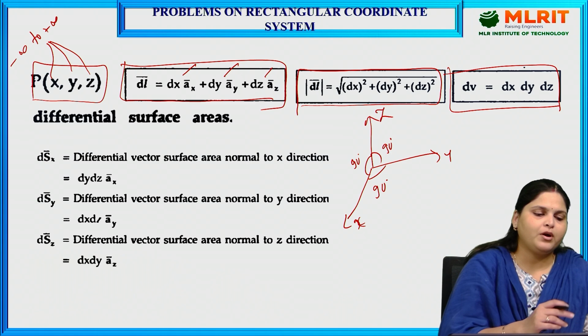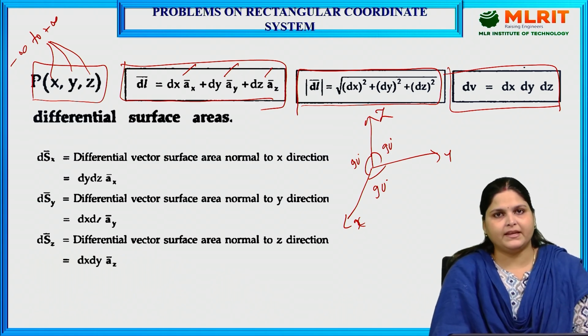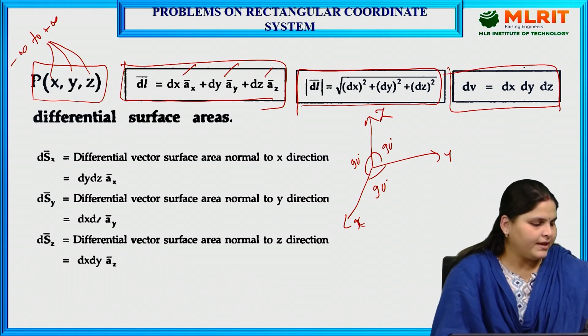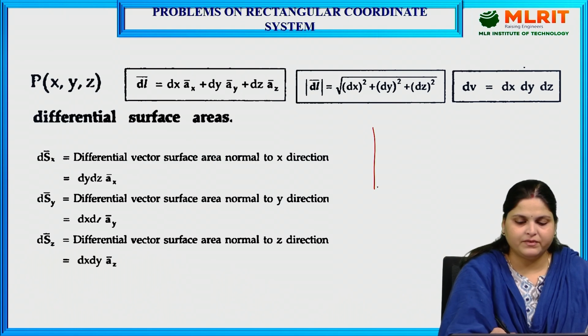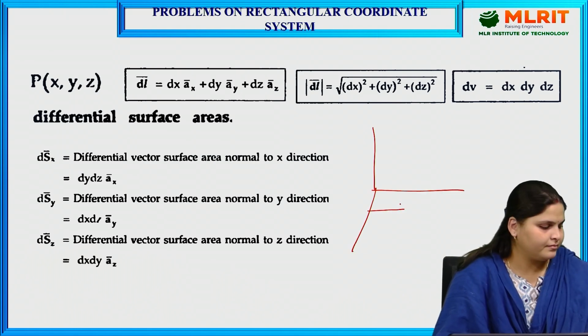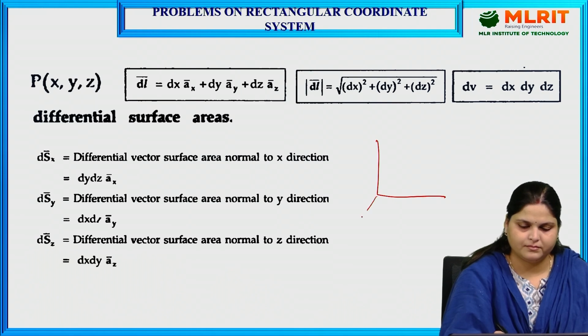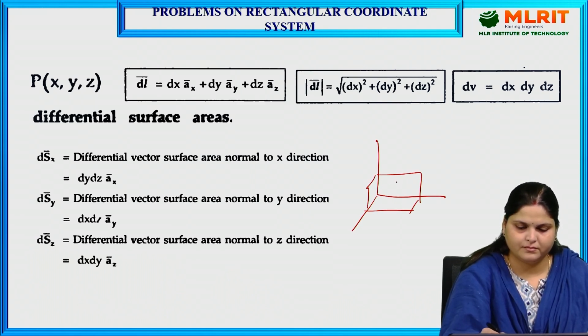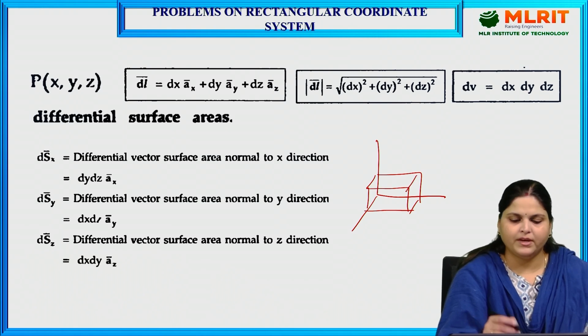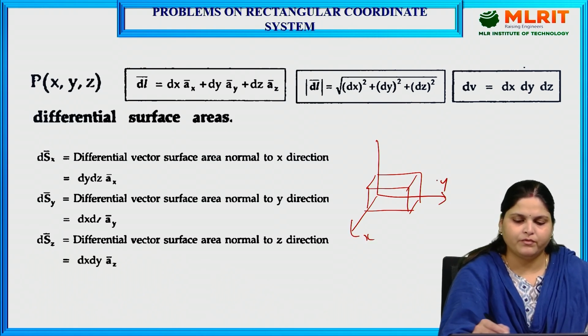Now if we talk about differential surface areas, these differential surfaces would be something like this. Here for our system, we will have three surfaces. The first one is this surface.